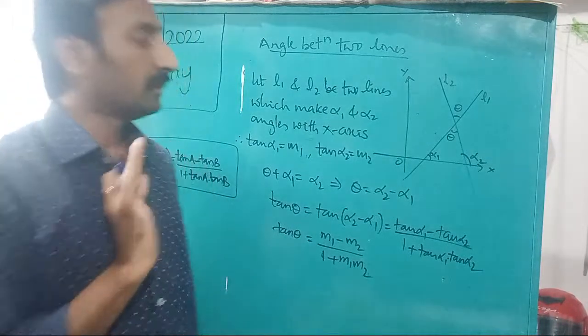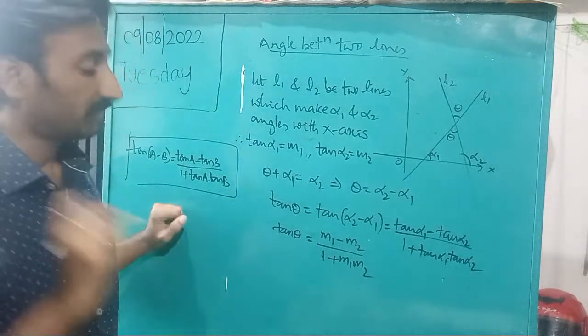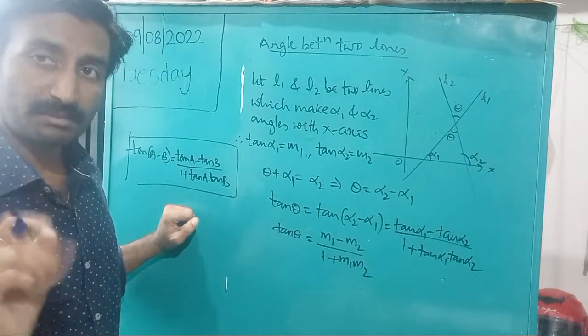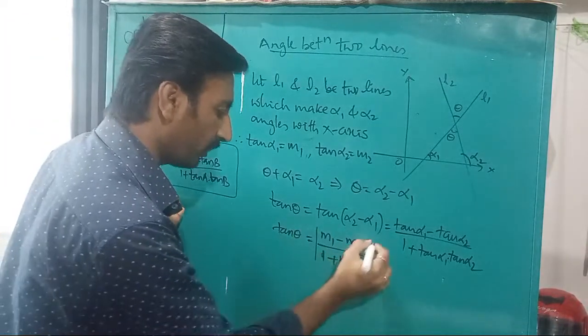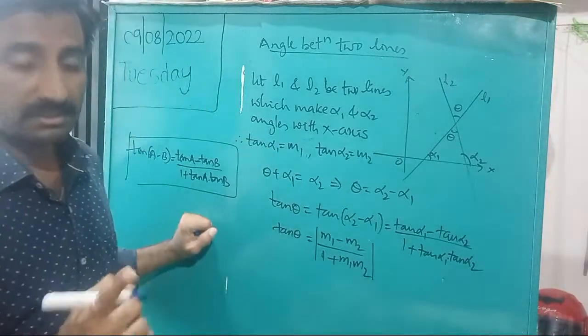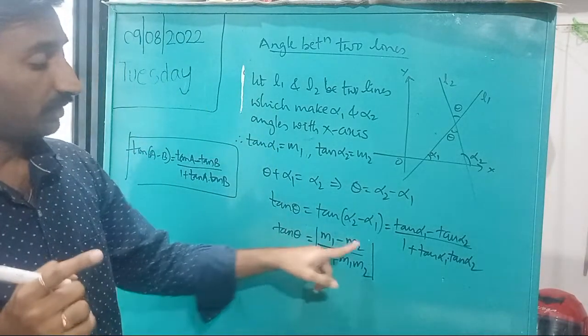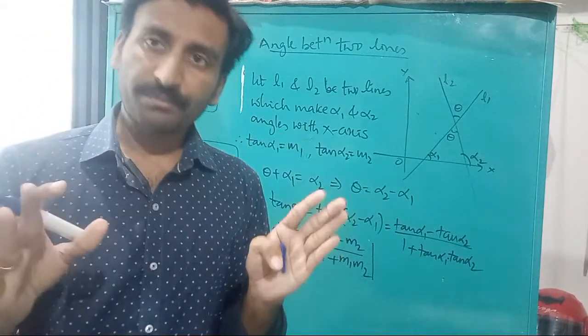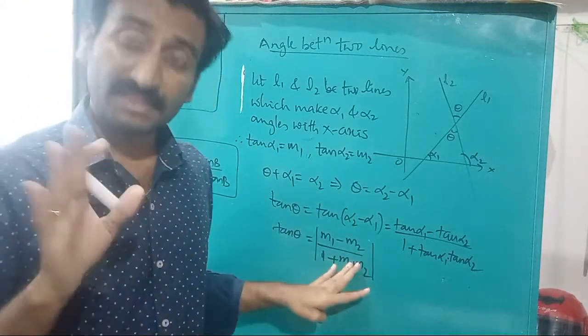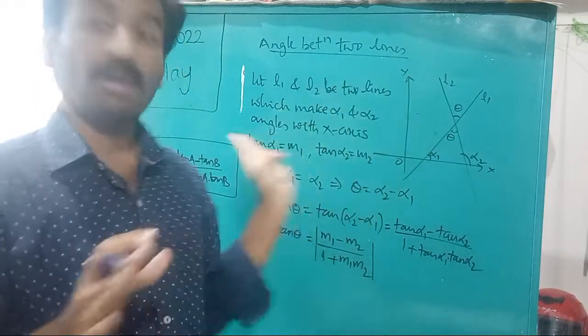Very good. So generally we take the modulus for this. Why? Because if tan theta comes out negative, then the angle will be obtuse.